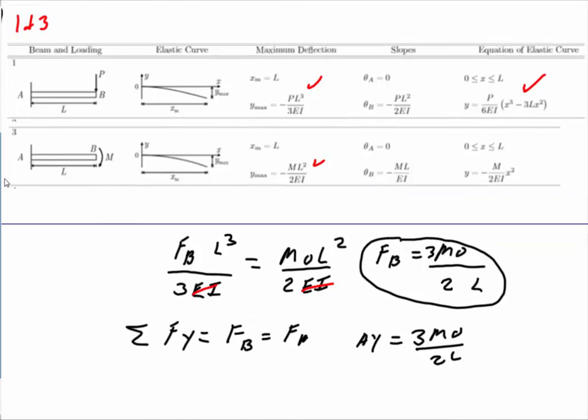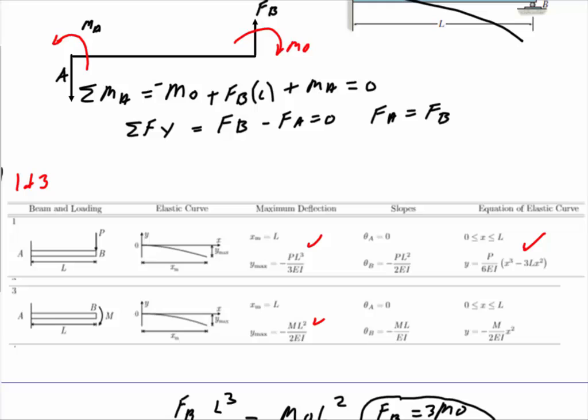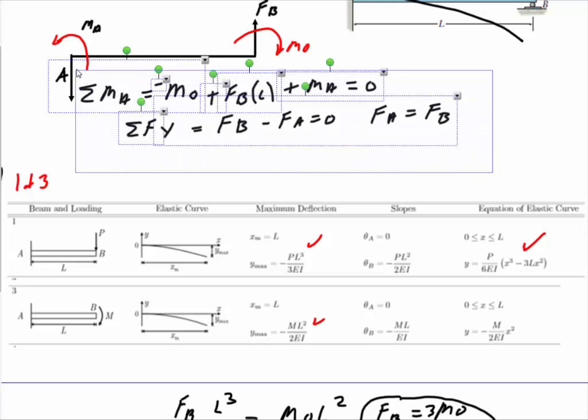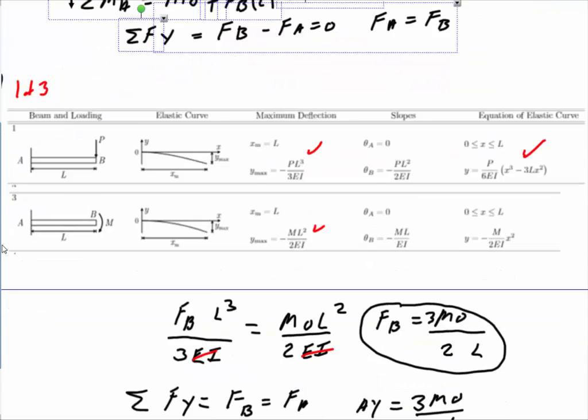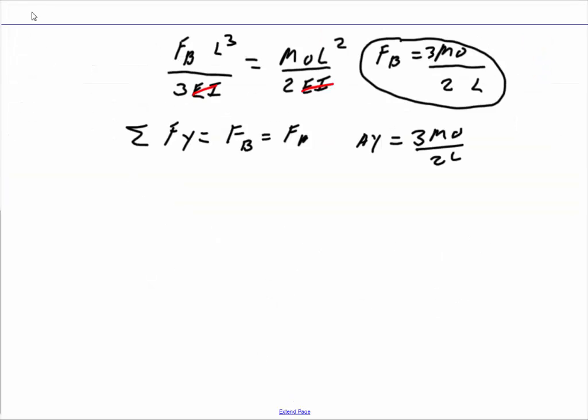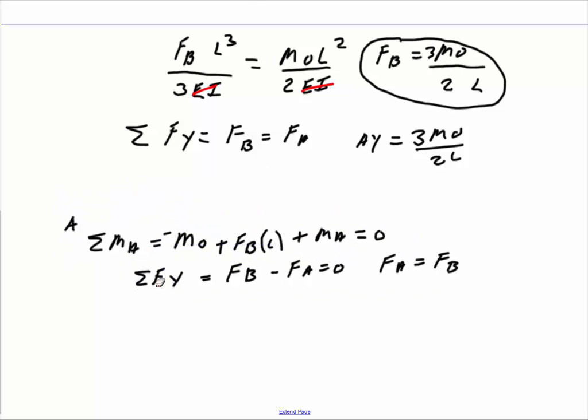Now we go back to the summation equations of the moments here, and let's try one more time to grab this. I don't know why I didn't get it all right the first time. There we go. Go ahead and erase this one because we just did this above.